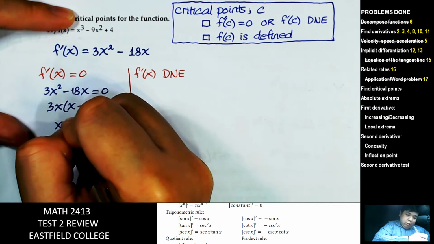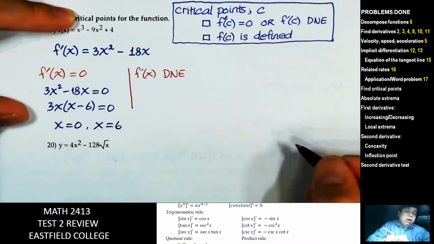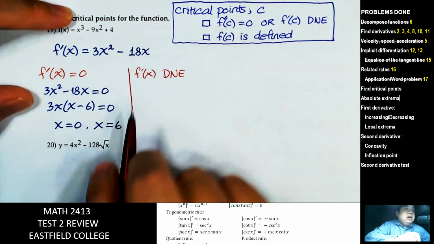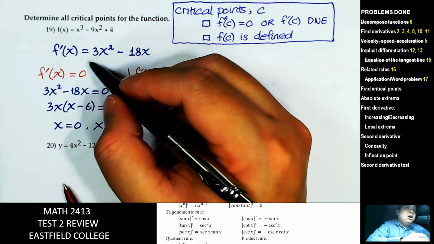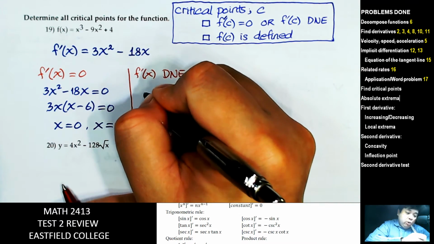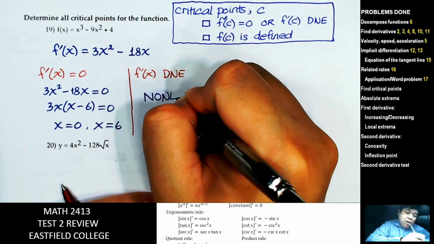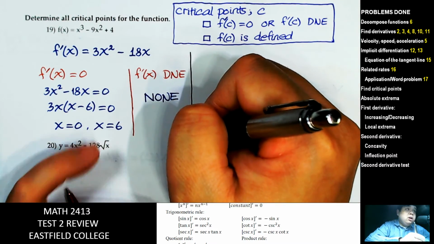So I have x equal to 0, x equal to 6. We have 2 points. Over here does not exist: this is a continuous function. A polynomial is continuous and defined everywhere, so we do not have anything for the case when it does not exist. Bottom line is we have those 2 points.